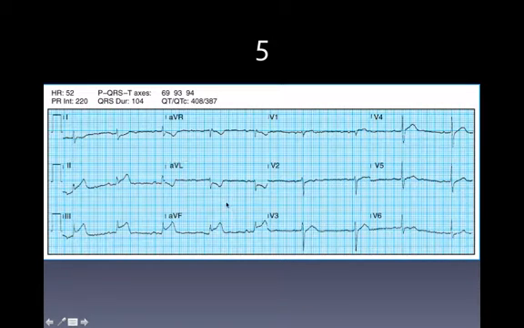Number 5. Depression, elevation, elevation, depression, elevation. If we use this one, then we might be elevated on this side too. So if you don't call it right now, I would definitely watch this section.